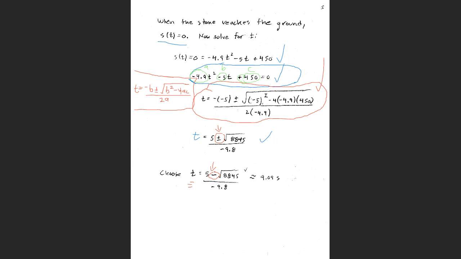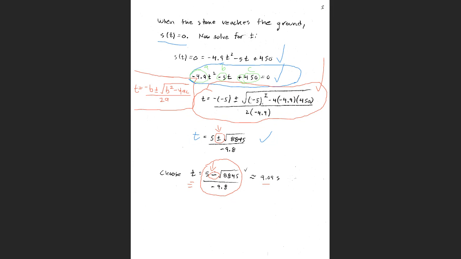And you might have to type in that exact answer in WebAssign, unless it says round to 2 decimal places. Rounded to 2 decimal places, it's going to take 9.09 seconds for that stone to reach the ground if we initially threw it downward at 5 meters per second. And Ian makes an interesting point.